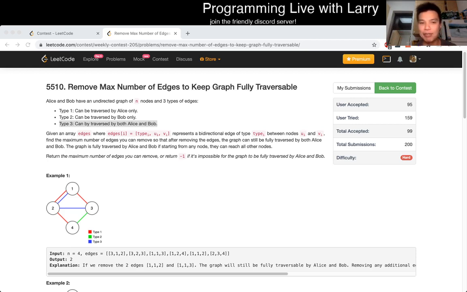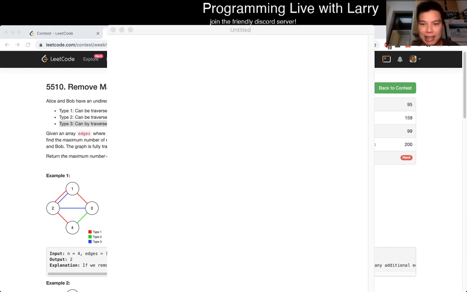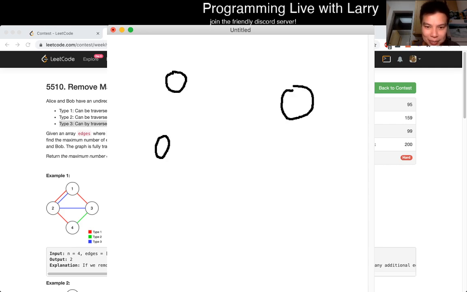So basically, from that, let's say we have these nodes.